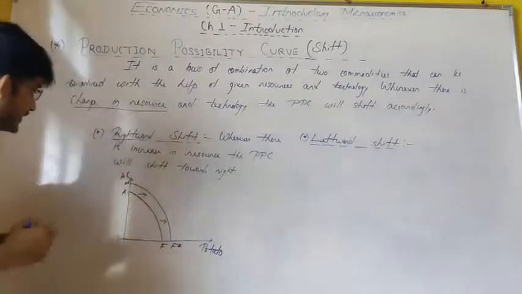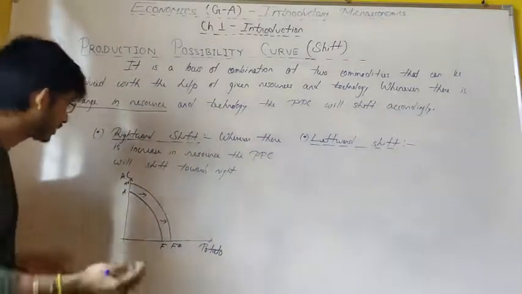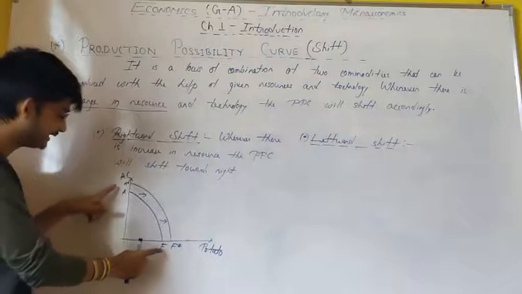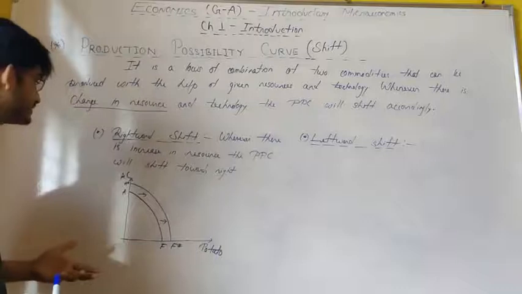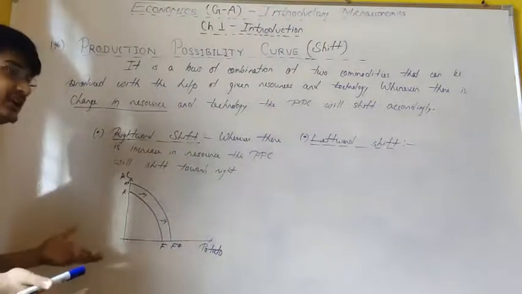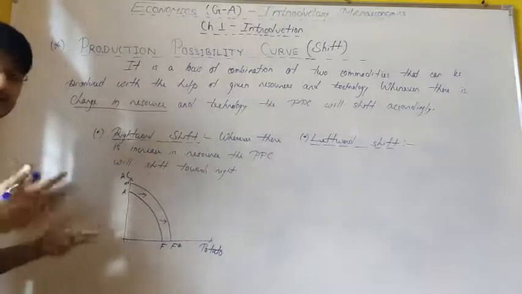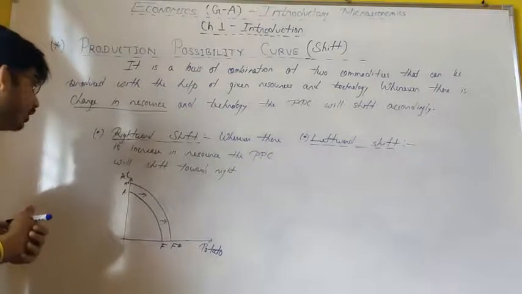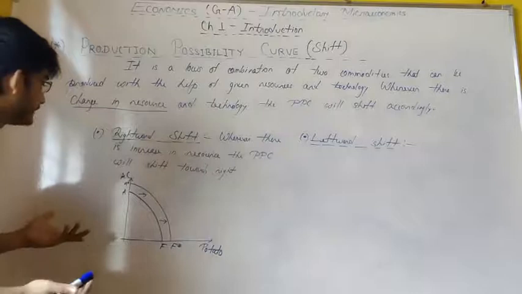So initially, when our resource stock was given, the production possibility curve was basically AF, and as there is some increase in resource in the form of new discovery of natural resource, or increase in skilled and healthy labor force, or invention of a new technique of production, as a result, what happened?